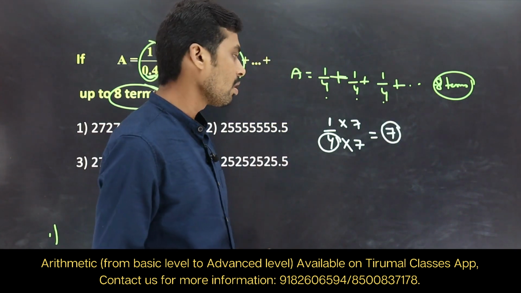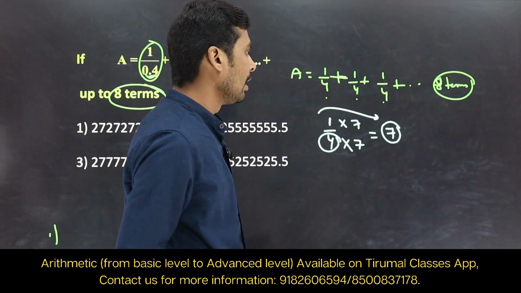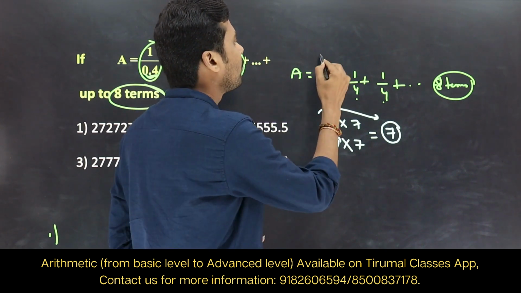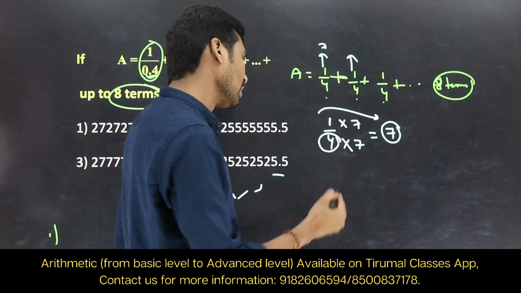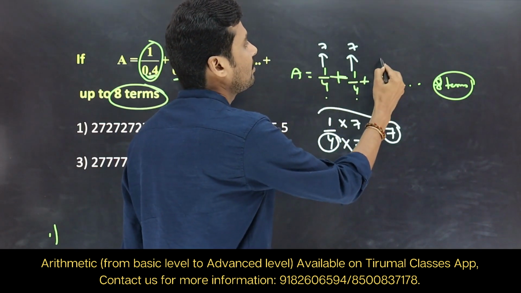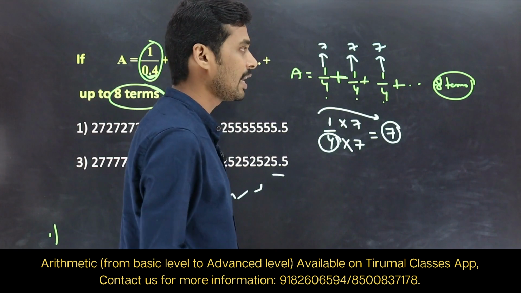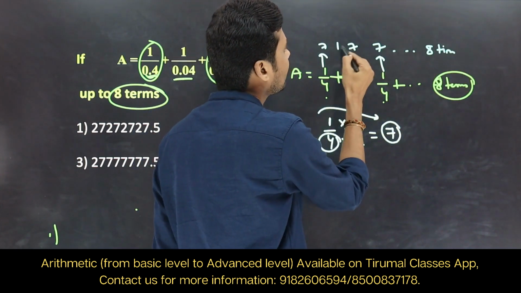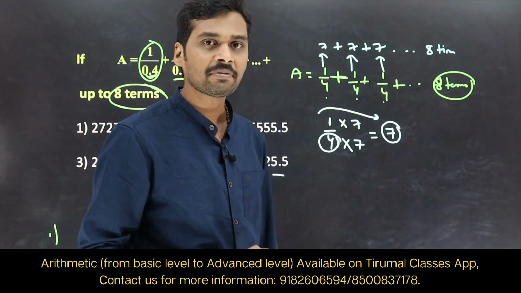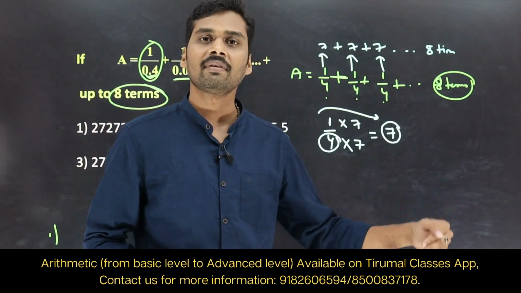So the DS value of 1 by 4 is 7. Likewise, each 1 by 4 gives a DS value of 7. How many times do I have it? 8 times. So 7 plus 7, likewise 8 times.